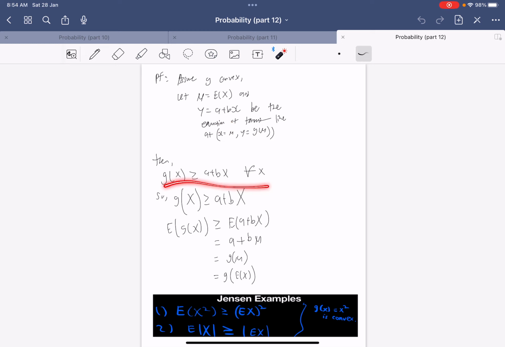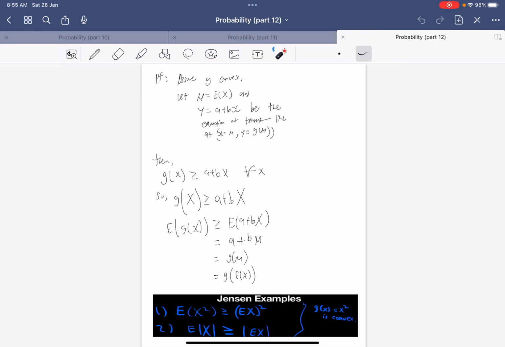And so G of x is larger than A plus Bx for all x by definition of convexity. Then you just replace this little x with a capital X for the random variable, take the expectation, and the result follows accordingly. There's not much complicated algebra, and it's really clear and precise how to prove this.